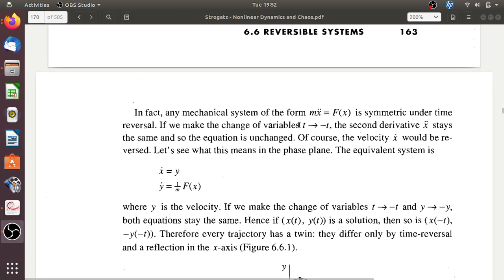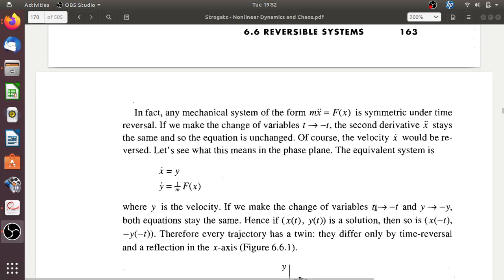So after I do this transformation, there is no change. In particular, since we consider y as a velocity, we haven't just done this one; as a consequence, we have also done this one.